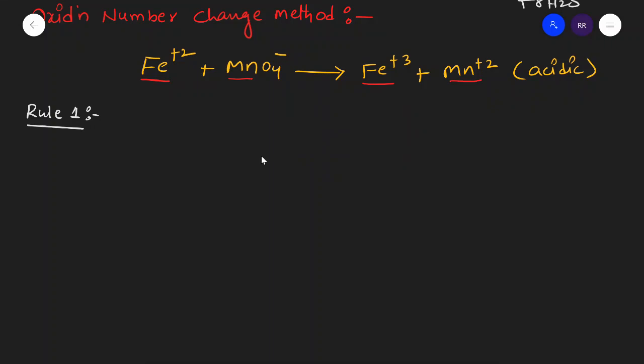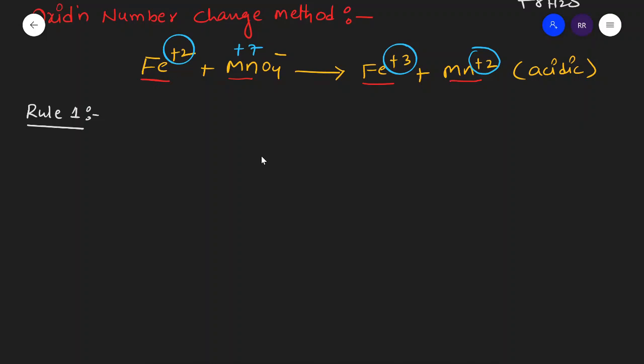After identifying the elements undergoing oxidation and reduction, you just write the oxidation number of those elements only. So here for iron already it is given plus 2. For manganese we have to write plus 7. For iron at product side plus 3. For manganese at product side plus 2. This is rule number 1.